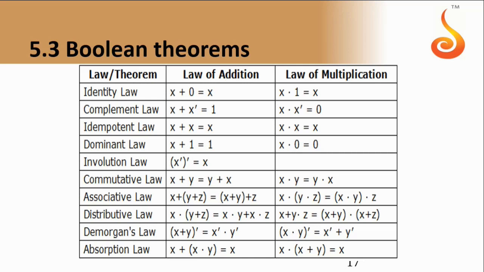So, x double bar is equal to x. If x is 0, single bar is 1, again one more bar is 0. So, which is the original term itself. The involution law states that when a variable is inverted twice, it is equal to the original term.